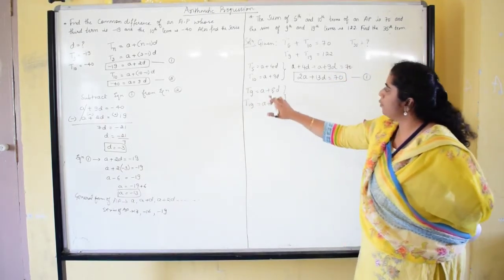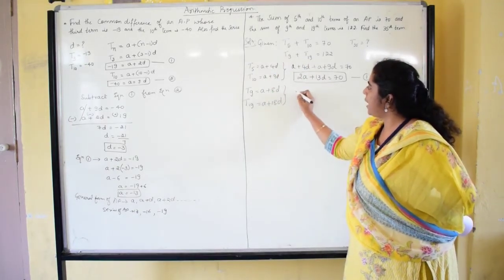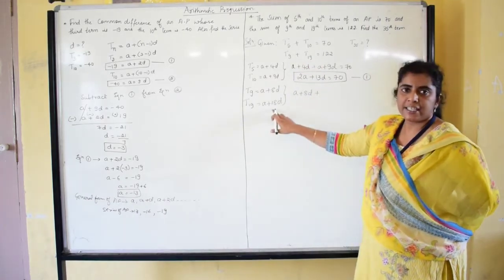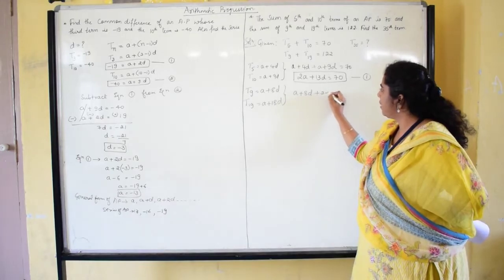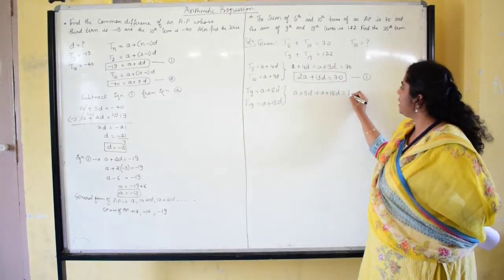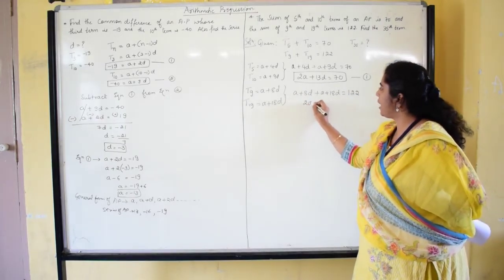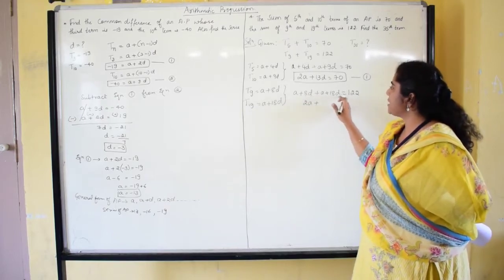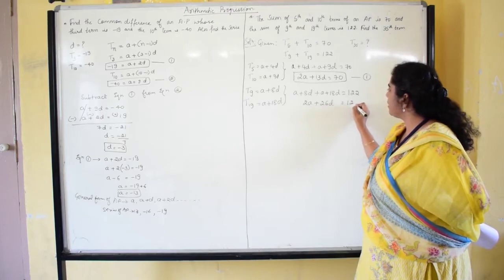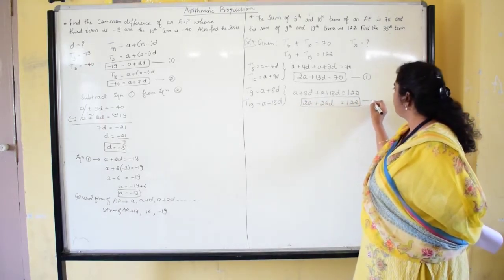If you add both these terms, T9 plus T19, a plus 8d plus a plus 18d, the total of these two terms is 122. 1a plus 1a is 2a, plus 8d plus 18d is 26d, is equal to 122. Consider this as equation 2.